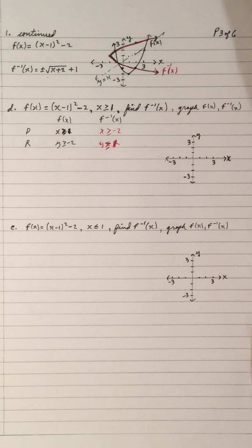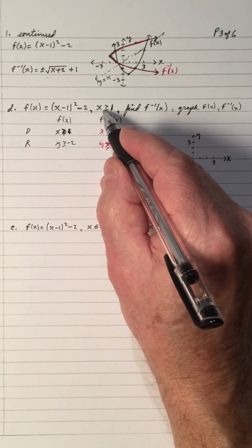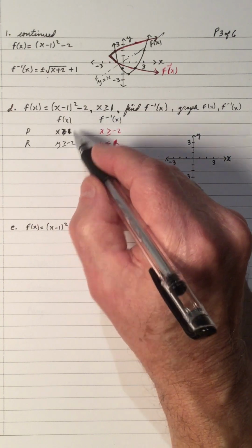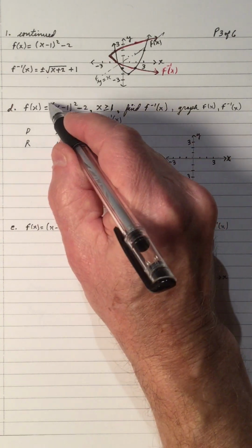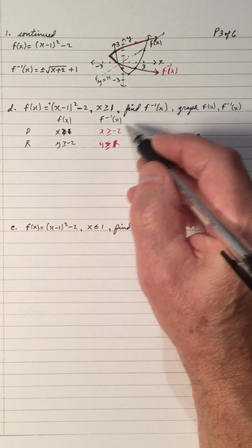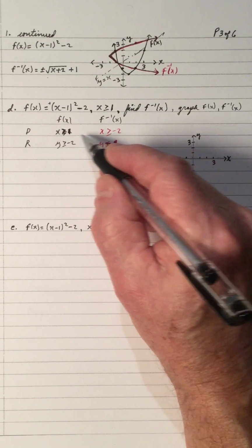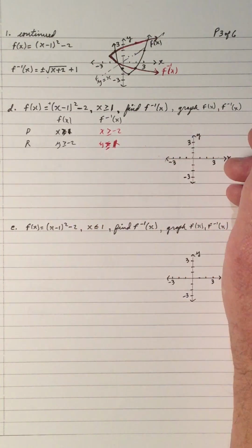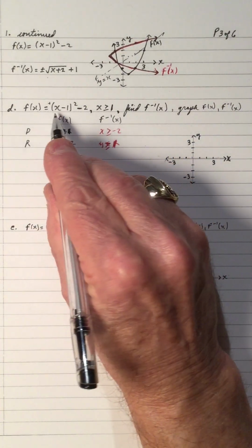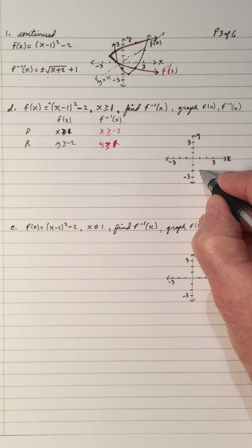So notice when we have x greater than or equal to 1, which is the values of x being the right side, the range is still going up because that's a plus. It's going up from the negative 2. So we switch it: x is greater than or equal to negative 2 and y is greater than or equal to 1.